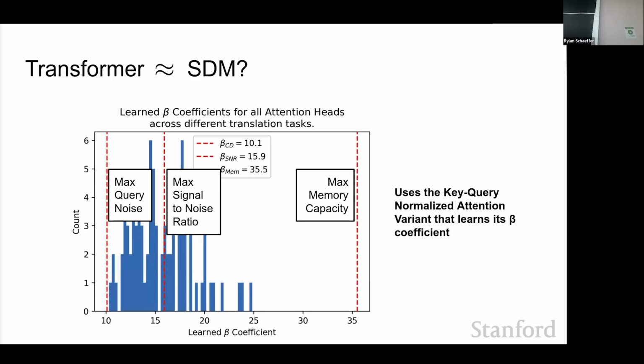However, it is nice to see that one, all of the beta coefficients fall within the bounds, and two, they skew towards the max query noise, which makes more sense if you're dealing with complicated real world data where the next data points you see might be out of distribution based on what you've seen in the past. The max memory capacity variant assumes no query noise at all. So it's like, how many things can I pack in, assuming that the questions I'm asking the system are perfectly formed?